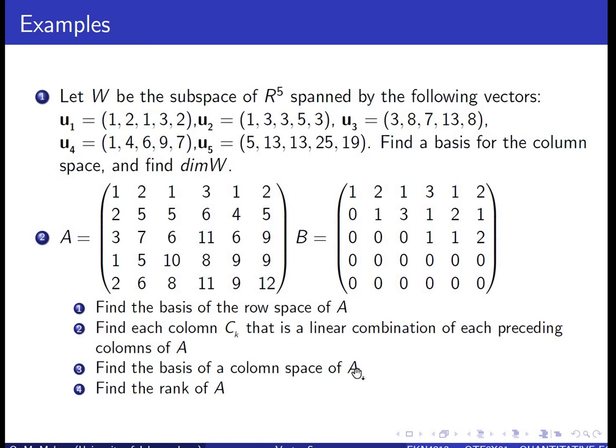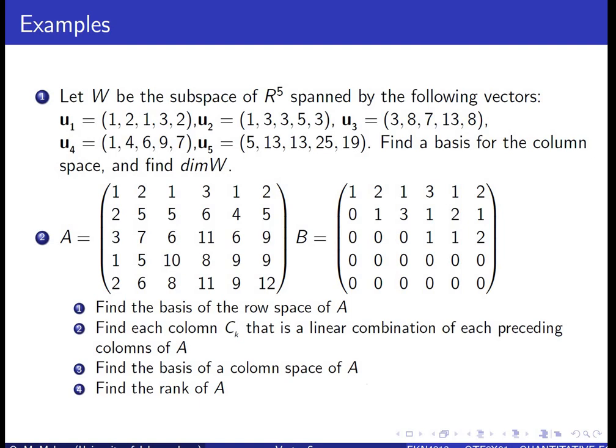With regards to number 1, we have W, the subspace of R5 spanned by the following vectors U1, U2 all the way to U5. Find a basis for the column space and find the dimension. Obviously, what you're going to do is form a matrix out of these vectors. After forming the matrix, you row reduce it into echelon form.